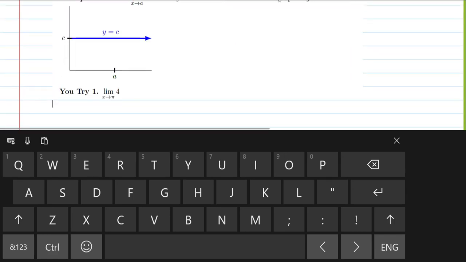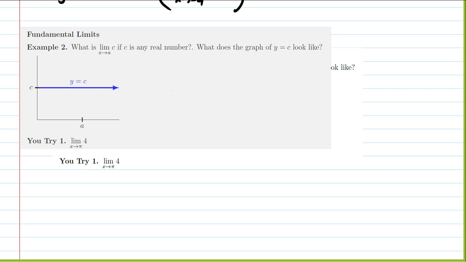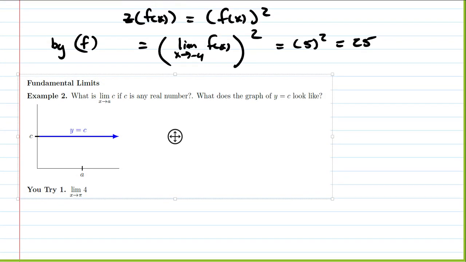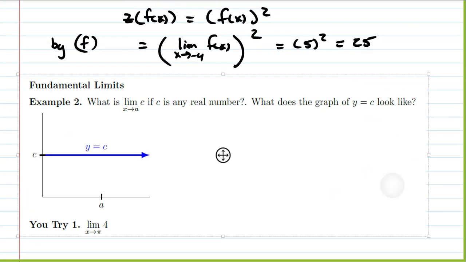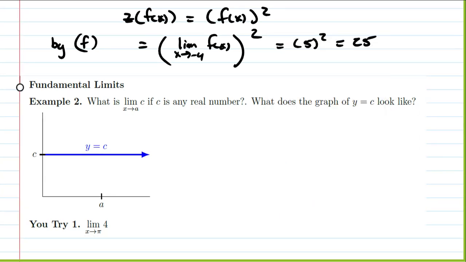function here, what is the limit as x approaches a of c if c is any real number? Well, to help us with this, well, what does the graph of y equals c look like? It's a horizontal line with its only output equal to c.